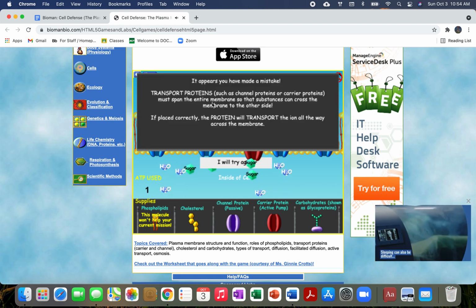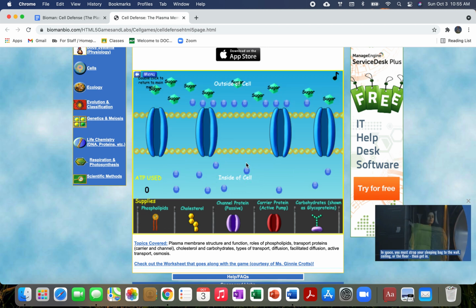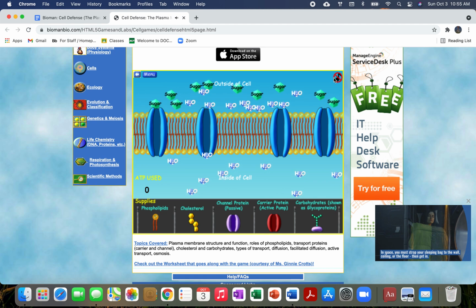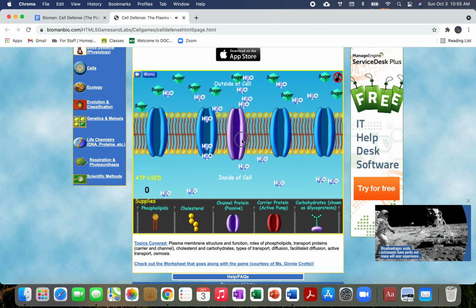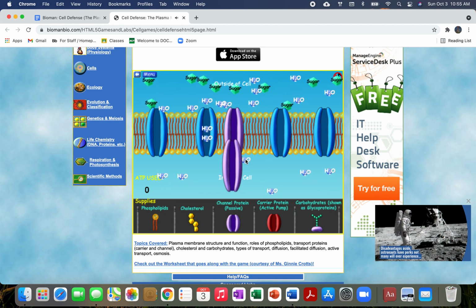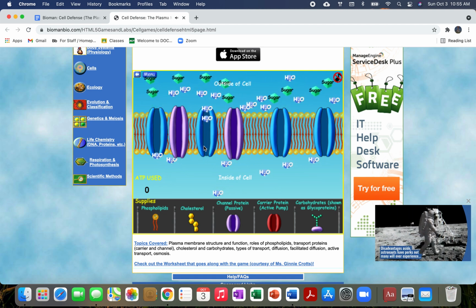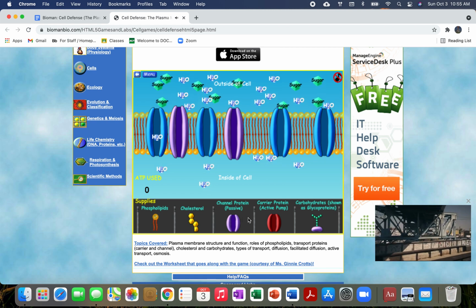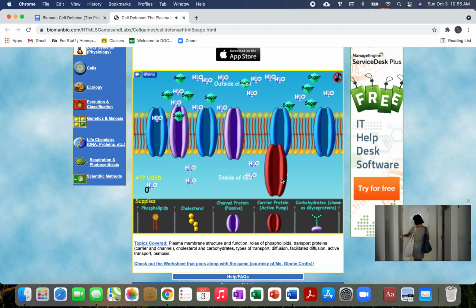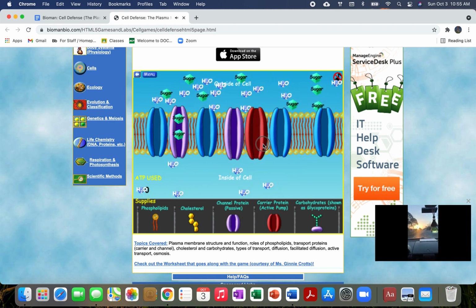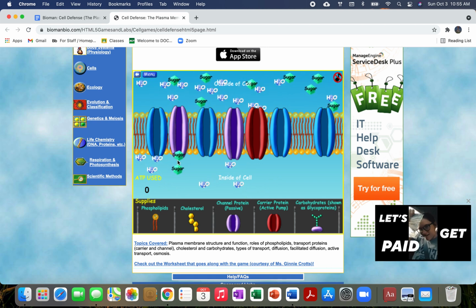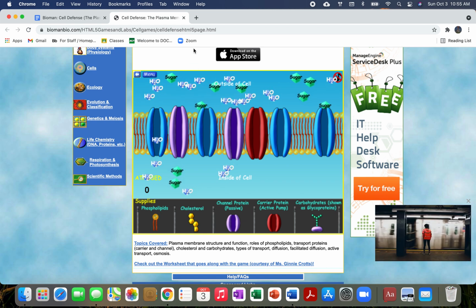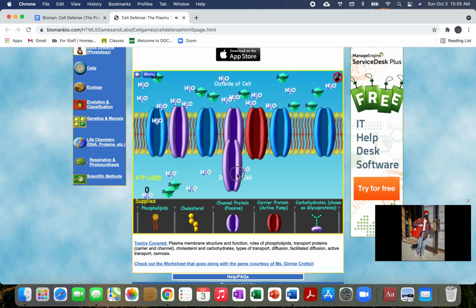But we have to also put the channel proteins in to help move the solute across. We need to get the sugar across. See how the sugar is coming through? Once the sugar comes through, hopefully the water will come through.